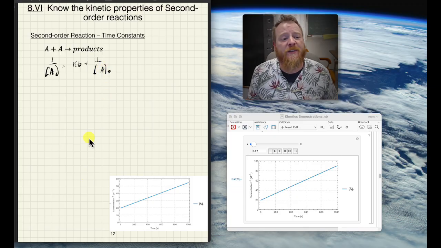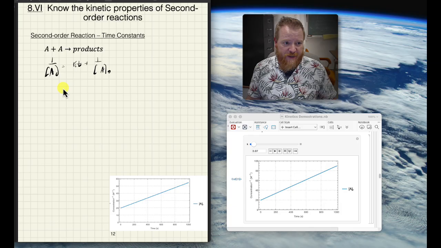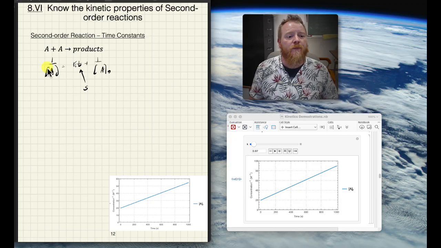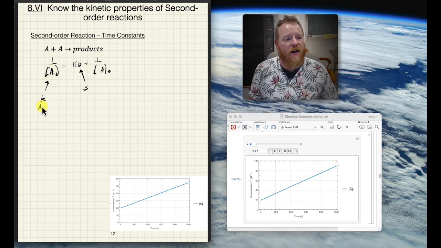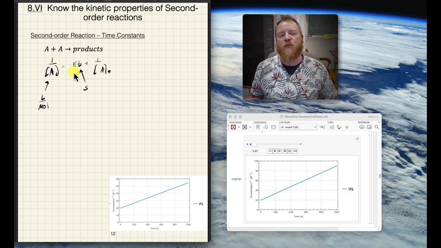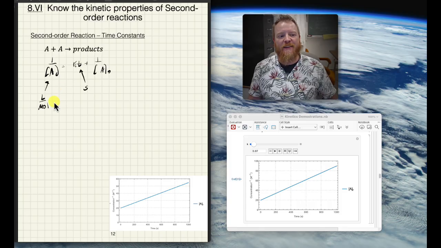There are several ways that we can get to the right unit with this. For example, if my unit here is in seconds, and we note that 1 over concentration is going to have units of liters per mole, then we recognize my k is going to have to contain this liter per mole unit, okay?